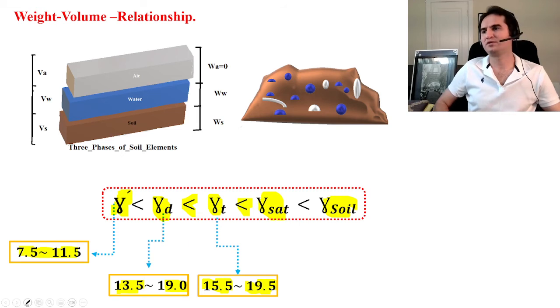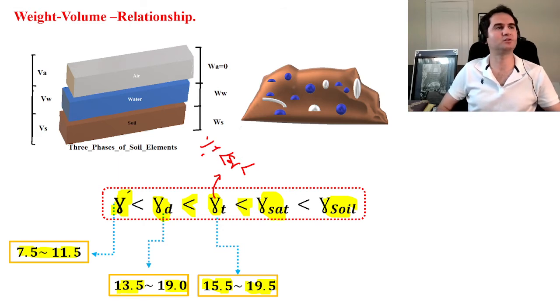For example, for gamma total, you can have something like 0% saturation up to not zero, just something like, let's go by one. It could be any number higher than zero, because if it's zero, that goes by gamma d. And 99.9 percent, that's gamma total.